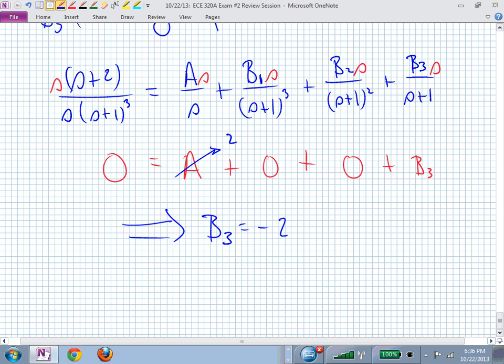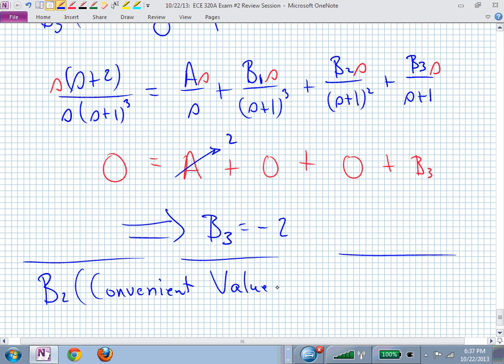It's now the only thing left to find, so I just have one equation and one unknown. So for B sub 2, let me use s equal to 1.